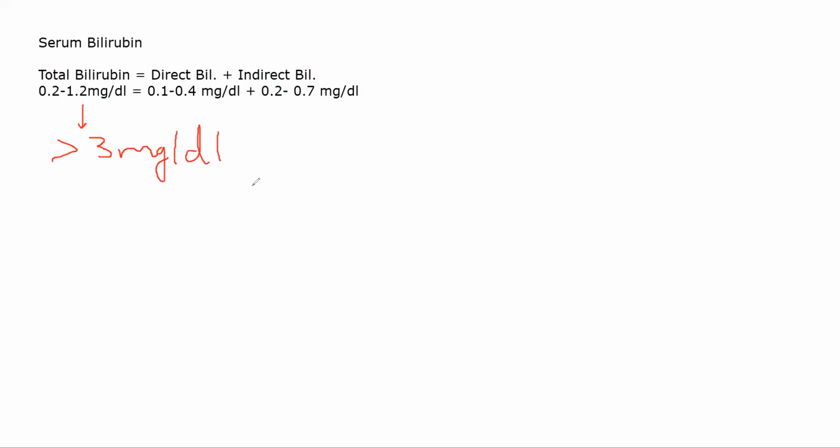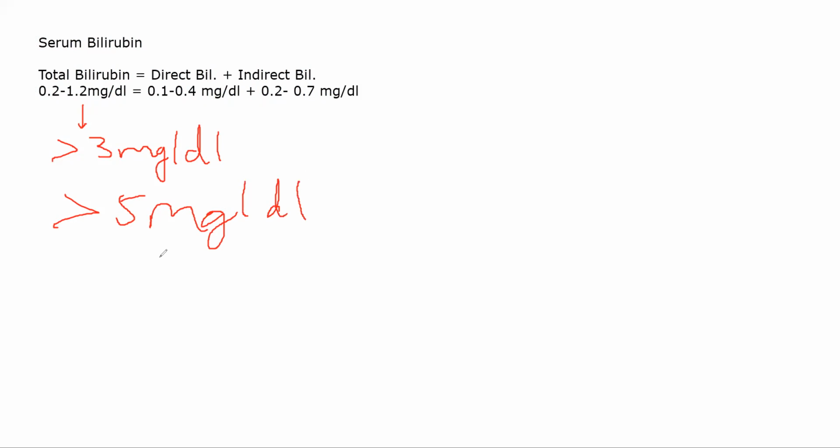That is when you will start seeing a few clinical symptoms. Latent jaundice is around 2.5 to 5 mg per dl. Apparent jaundice, when you have visible, severe symptoms of jaundice, occurs at more than 5 mg per dl. At 3 mg per dl you will start seeing a few signs.